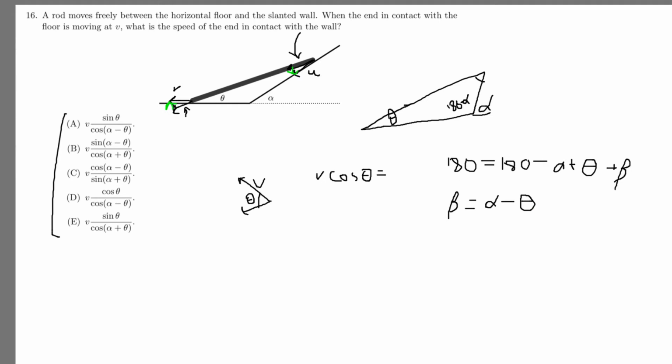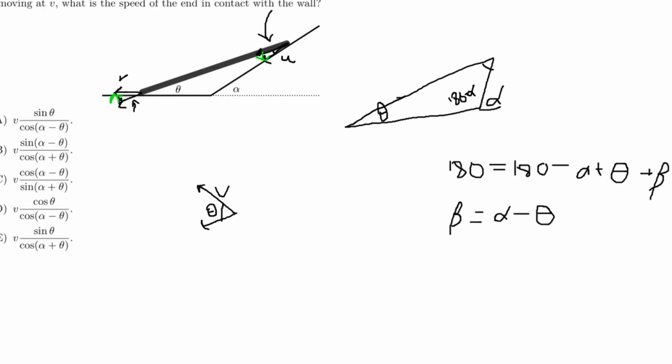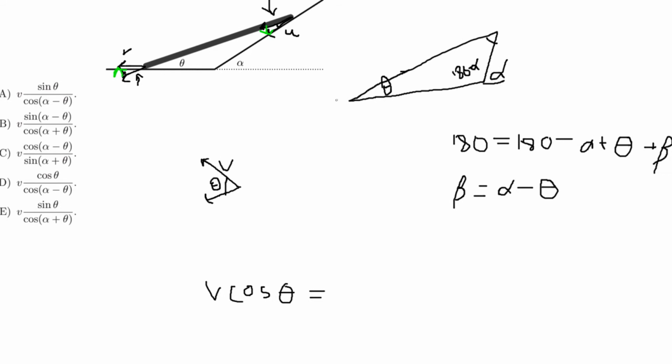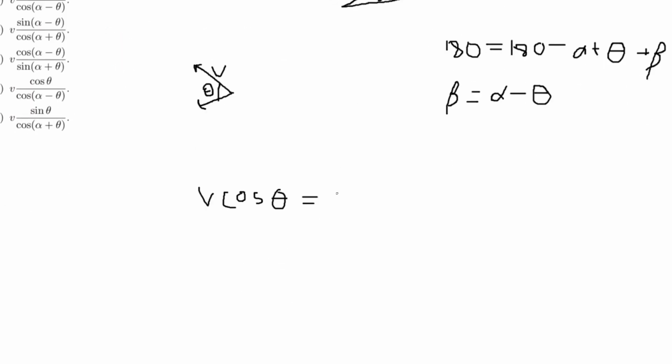Okay, so there we go. We have the angle here, and this is also a cosine because we're taking the adjacent component. So what we had first was v cosine theta, and now we have this new velocity u, which we don't know. That's fine because this is the formula for it: u cosine of alpha minus theta.